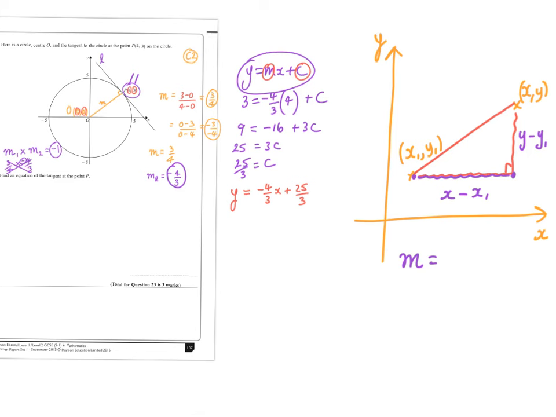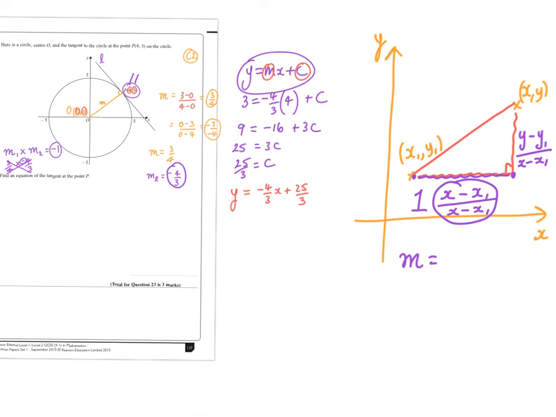So I can go along by 1, and I can be very clever here, very sneaky, and just divide both sides by x minus x1. Do the same to this to keep the triangle in proportion. And then this ends up to be 1, i.e. 1 unit along. And then look what I've got up. This will be the gradient.